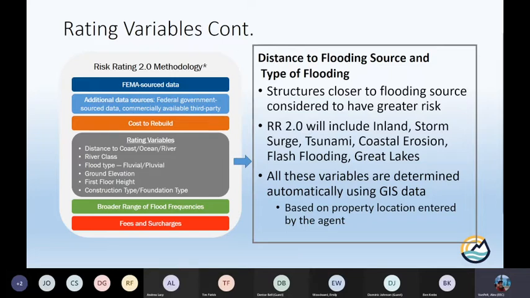Now, we all understand that Google Maps and things like that aren't totally accurate. So I believe there is a correction process that the agent can take to make sure they're actually looking at the proper home, the proper structure. But a lot of the work is going to be done for them.